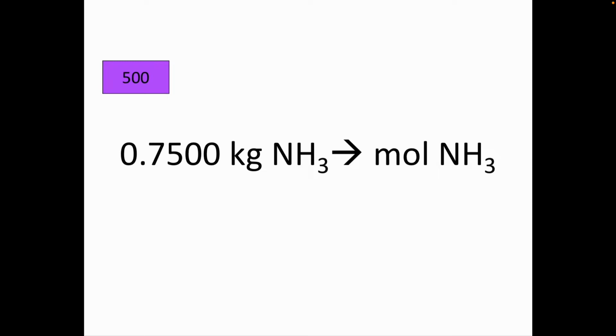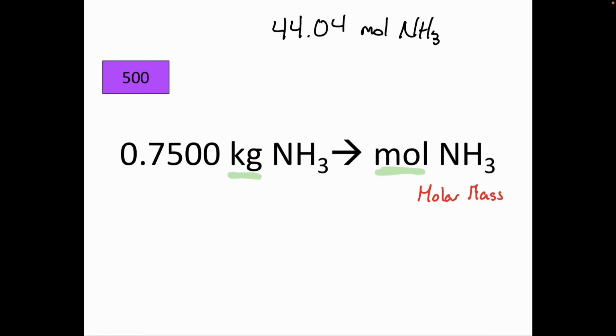All right, so for this one, first of all, the answer is 44.04 moles of ammonia. First of all, I see that I have mass and moles in the same problem. So again, I'm thinking molar mass. I'm going to need a molar mass, but the molar mass of what? Ammonia, right?